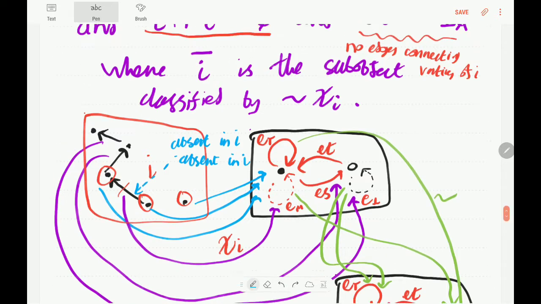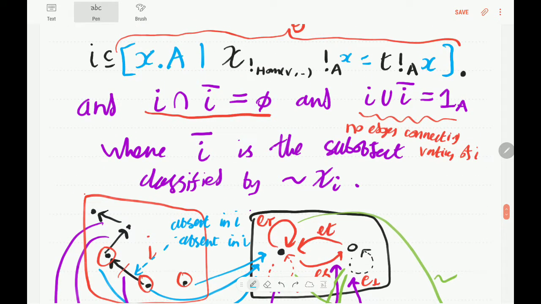Okay, so that's why this condition implies that there can be no such edges connecting vertices of I, sort of internal edges.